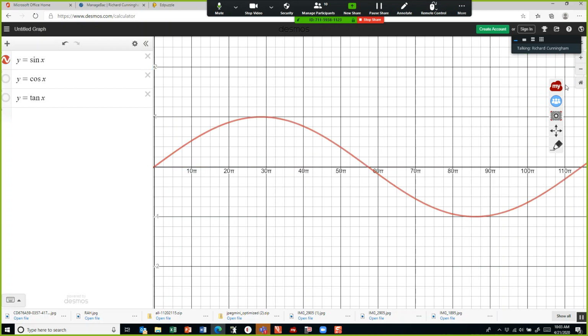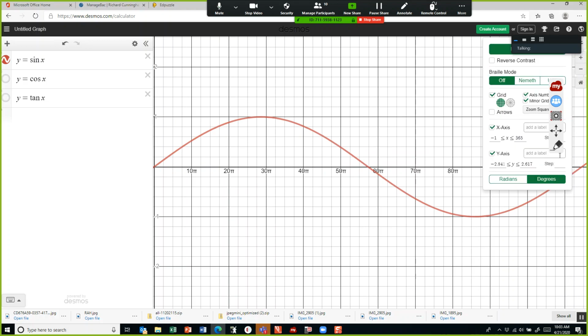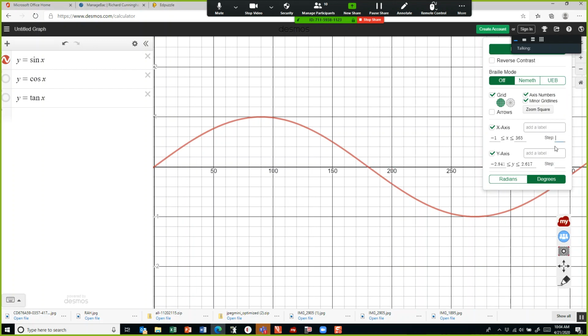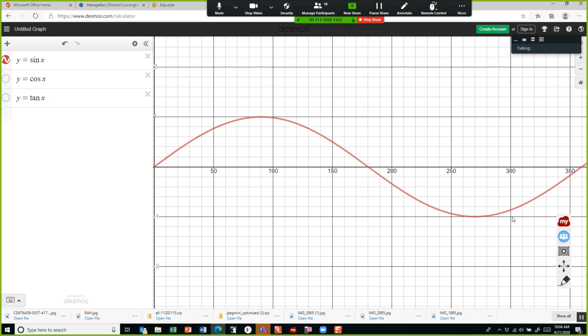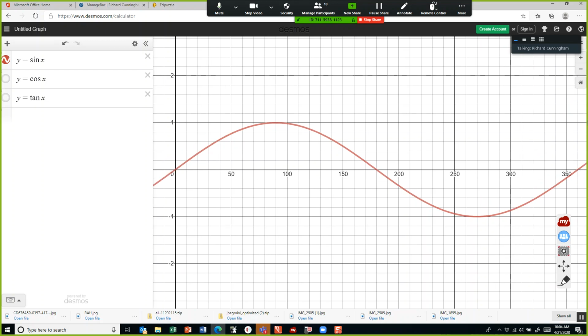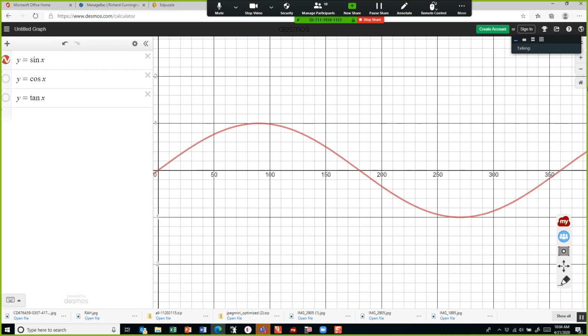Okay, and I don't want it in going up by. Okay, so there is, let me zoom out a little bit. I've got in tens actually.